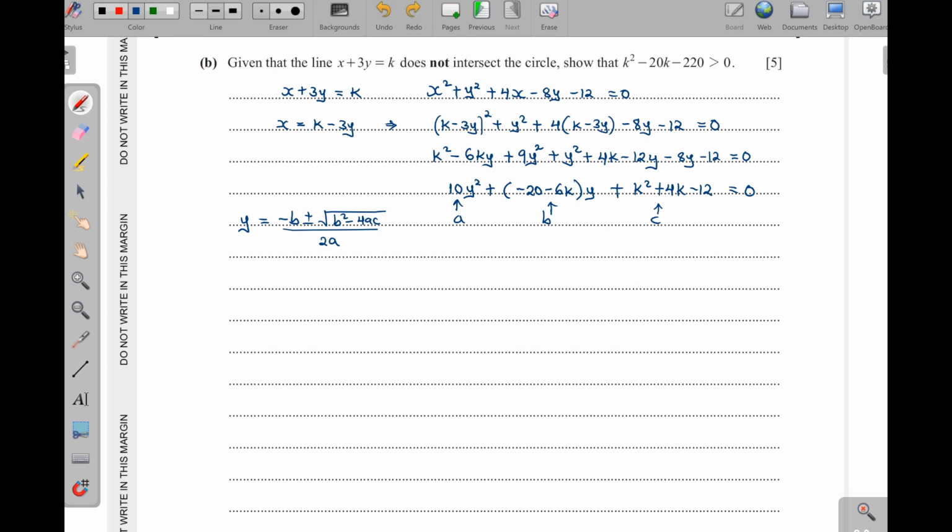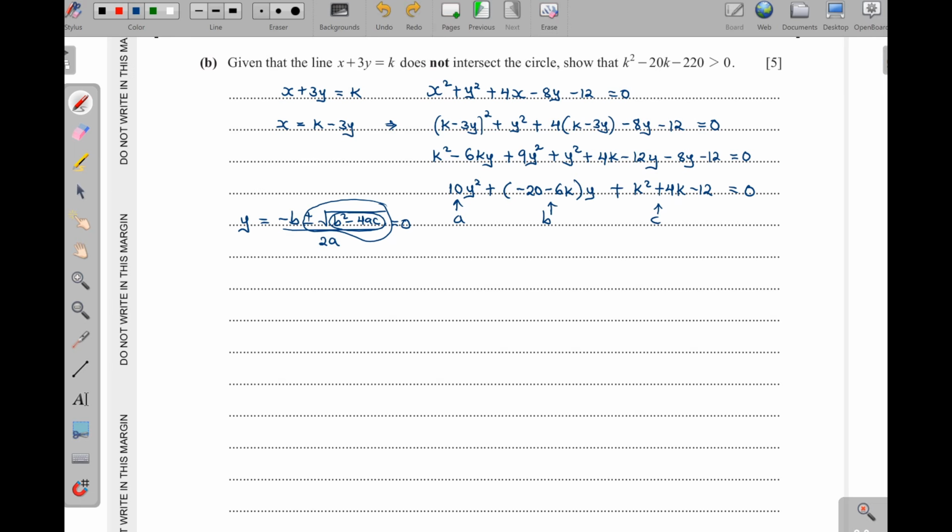Now, when we substitute in here, this discriminant determines the nature of the roots you are getting. If this is equal to 0, this whole thing is going to disappear and you have only one root. We call it the repeated root. That means the line and the curve are meeting at only one point, and the x-coordinate of that point is going to be negative b over 2a.